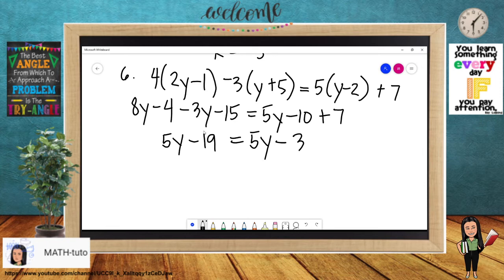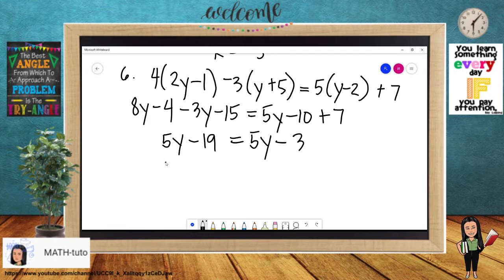So, let us now look at our simplified equation. On this side, we have 5y minus 19. And then, on this side, we have 5y minus 3. Okay, let's try to eliminate the variable on this side and move it to the other side.